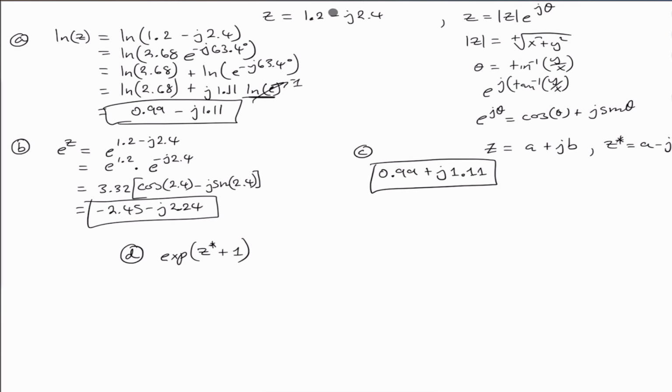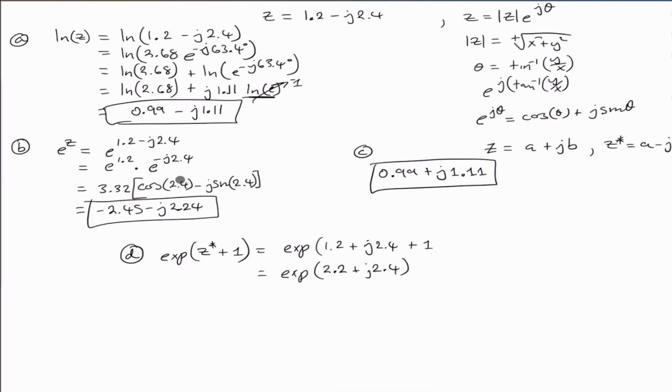The conjugate of this will end up with a positive j, so we write that as 1.2 plus j 2.4 plus 1, and we add our 1.2 to 1 and that's equal to the exponential of 2.2 plus j 2.4.